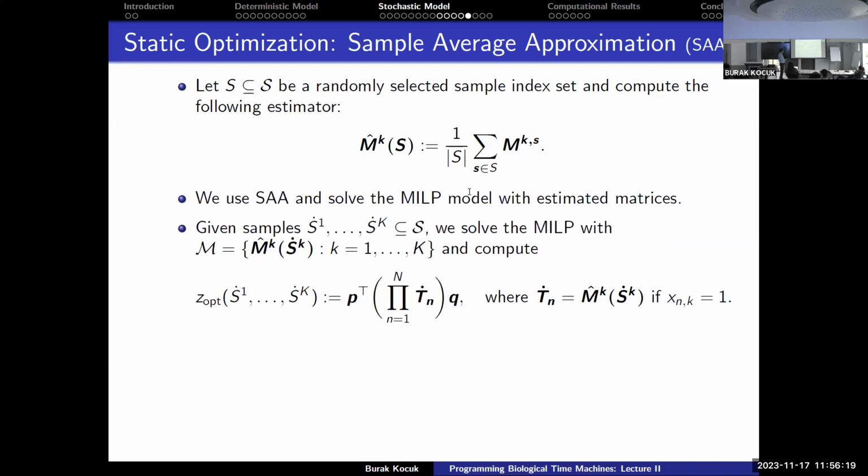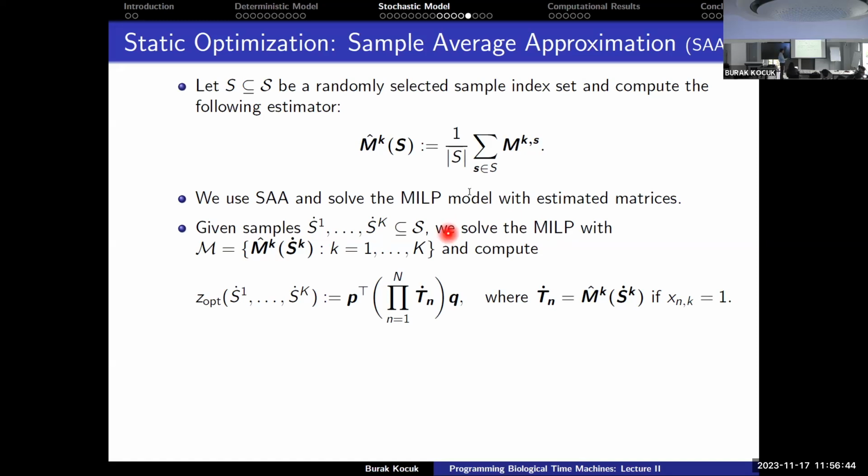And then what we do is you repeat this for each metric, for each antibiotic. And you collect this in this script M set, and you go ahead and solve the MILP with those average matrices. Okay? But this is the same problem as if it is.